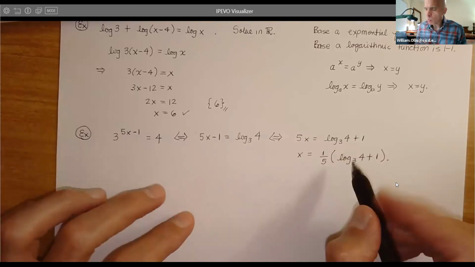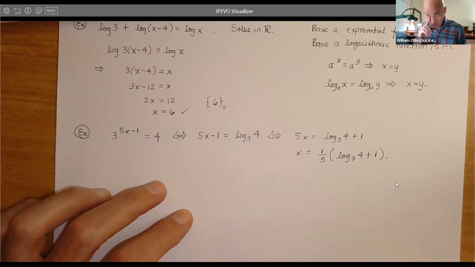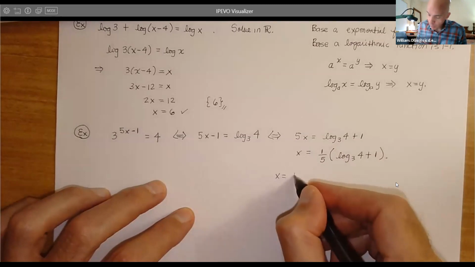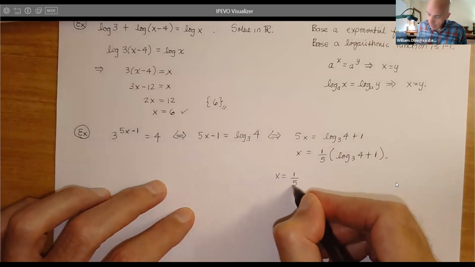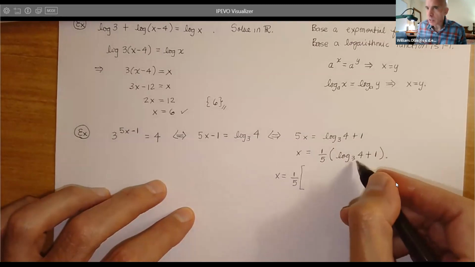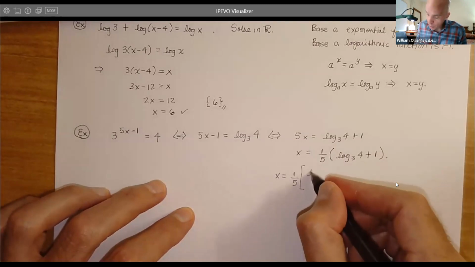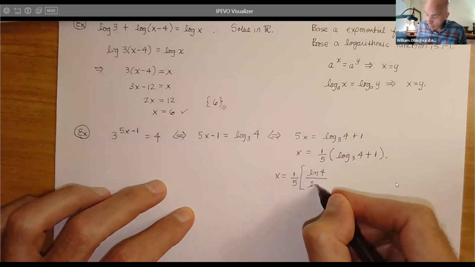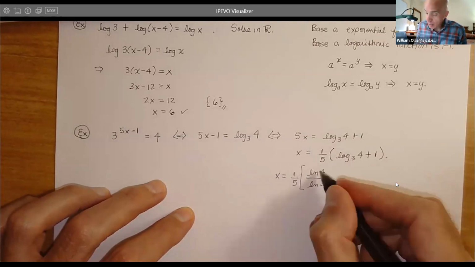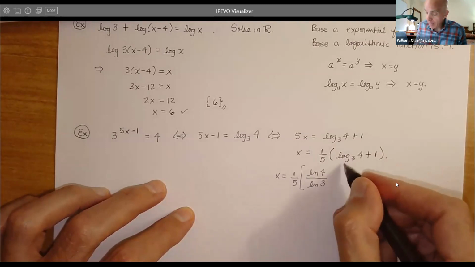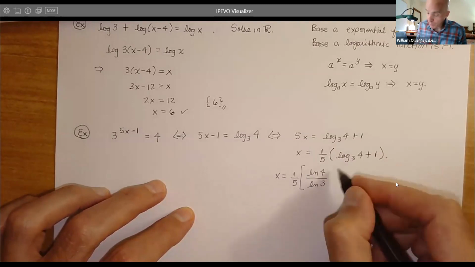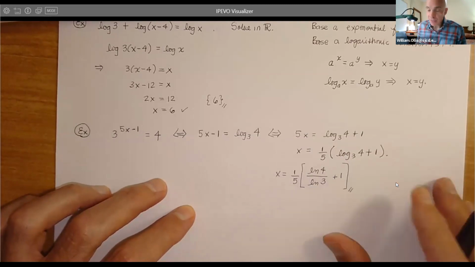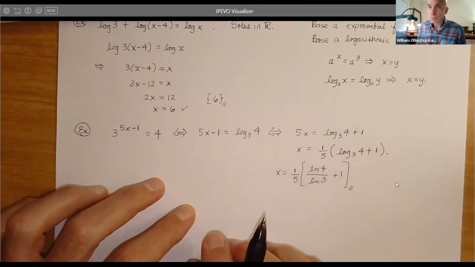And then you're thinking, I don't have base 3 on my calculator, so we could change the base. We could say x will equal 1/5, and then go to natural log. So we'll do natural log of 4 divided by natural log of 3, that is ln of 4 divided by ln of the old base, so to speak, plus 1. And that would be an equivalent answer.